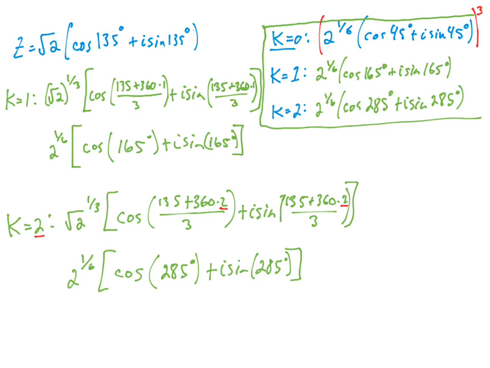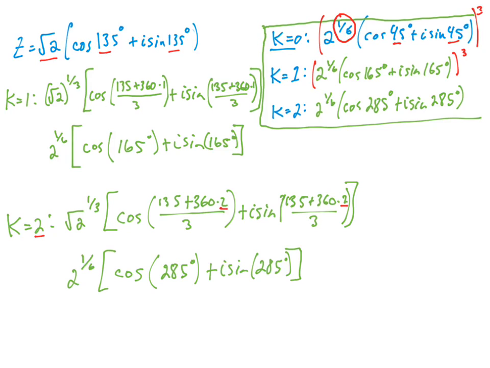Now, we could check these if we wanted to by raising any of these numbers to the 3rd power. Oops, I'm hitting the next page button. So if we wanted to raise this to the third power, all we need to do is, well, we multiply the exponent here times 3, so that'll be 1/2, which is square root of 2, which is this. And then what we do is we take the argument and we multiply it by 3. So we're going to get 135, 135, so we're good. If we were to do that for k is equal to 1, if we raise that to the third power, again, we would get square root of 2.